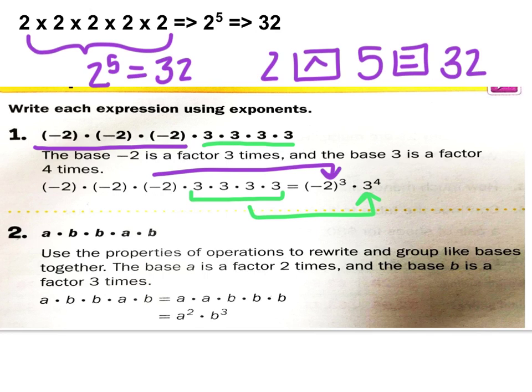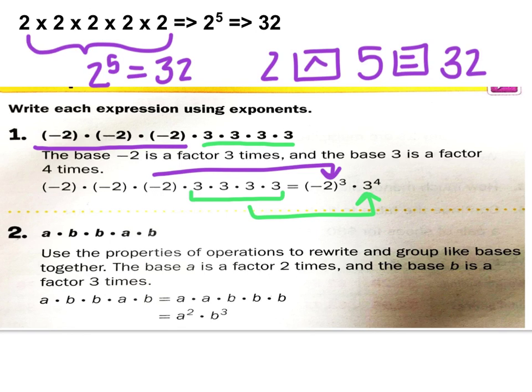Okay? Let's look at example 2. We can have variables such as a and b or x and y to be used as bases as well. So in example 2, we have a times b times b times a times b. We are going to rewrite this equation and put all of our a's in the front and all of our b's in the back, just so it's easier to count.